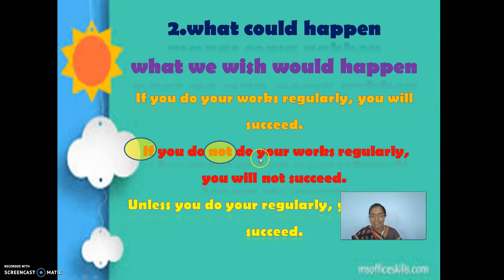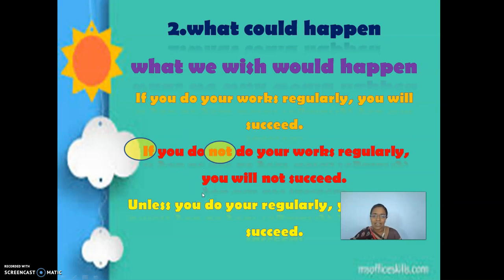To make it simple again, conditionals can be written in two forms, one in a positive form and the other in a negative form. Positive form begins with if, and in the negative form also you can have if, but there should be a not. And this negative form of sentence can be written in another way.